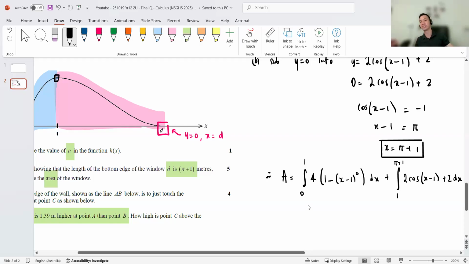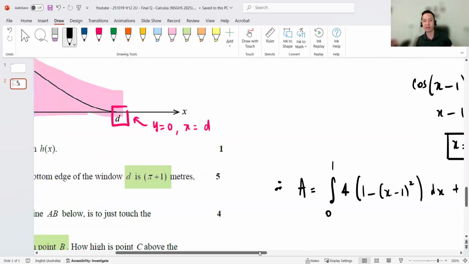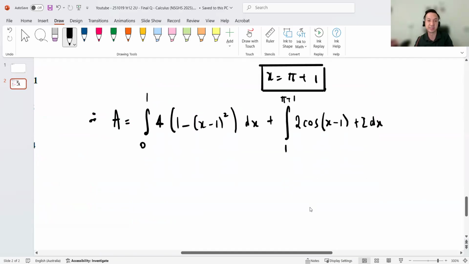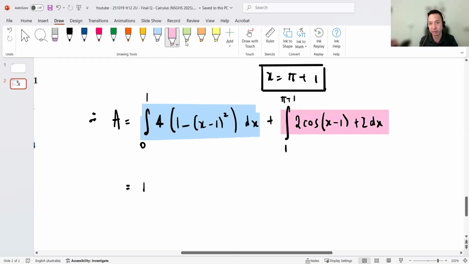Guys, I don't actually think these questions are hard, to be honest. I think there are just lots of steps, right? Just to be clear, this was my blue area under the curve. This was my pink area under the curve, right?